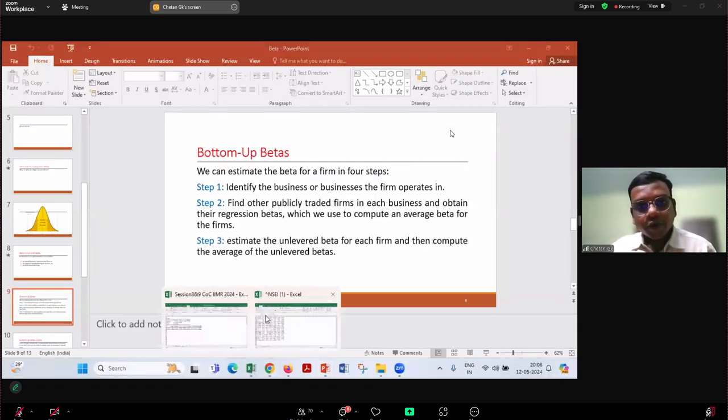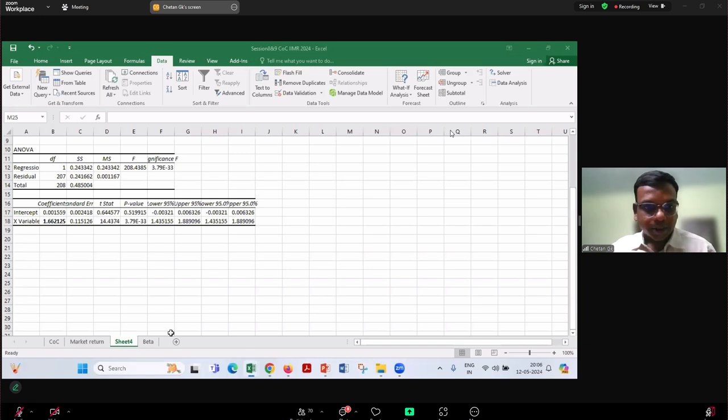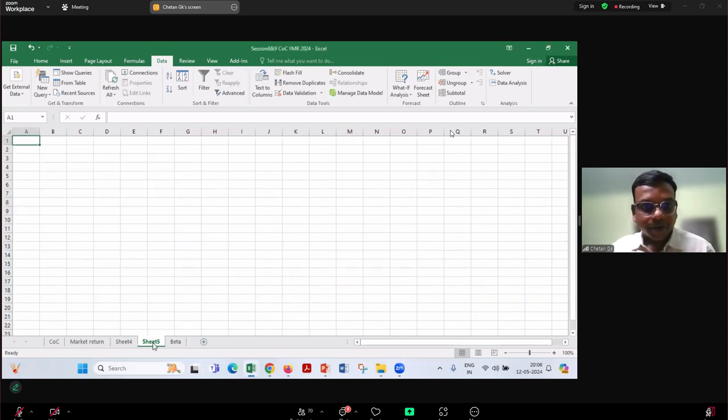How to compute the beta of an unlisted company? I am just putting it as beta of unlisted company. Assuming that I am doing it for Chetan Paint, because it is into the paints manufacturing business, right? What I should be doing is listing out the companies which are manufacturing paints in India and are listed.